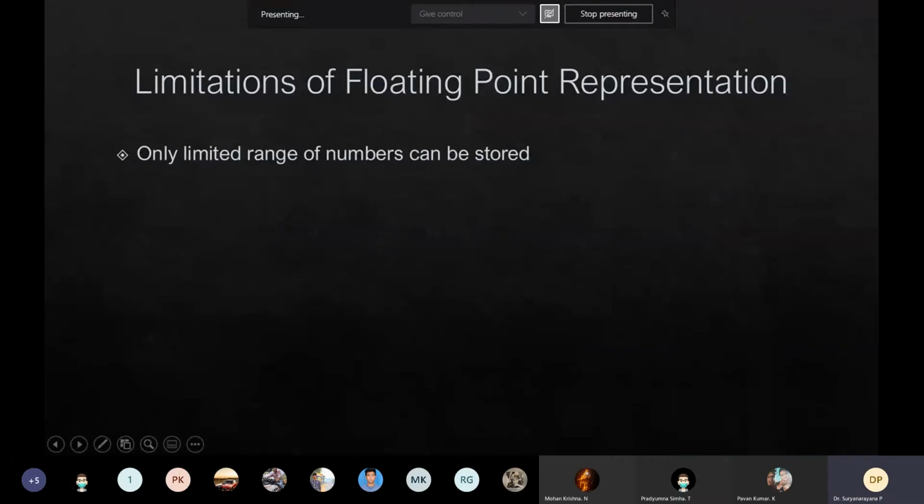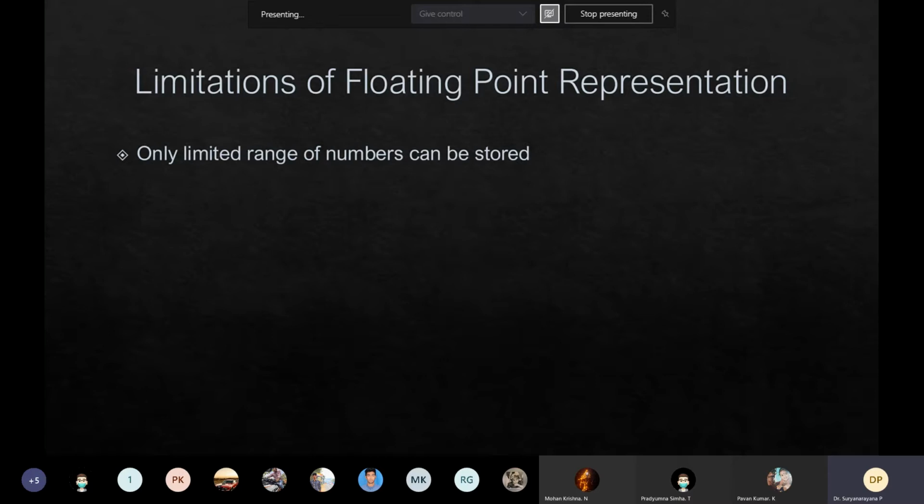Okay, so the way we are storing numbers in the computers imposes a limitation on what can be done. There are not infinite possibilities, and I'll shed some light on it. So to understand the limitations of floating point representation: this is called floating point representation because in the normalization process you are moving the dot around, right?